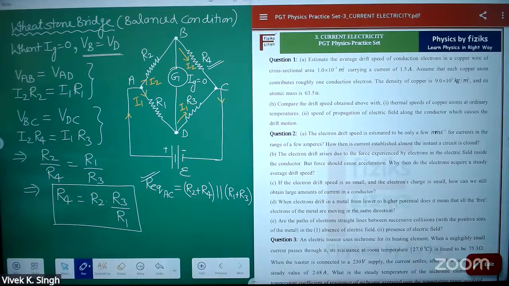Mainly focus on the practice of these questions. Let's solve question number 1.